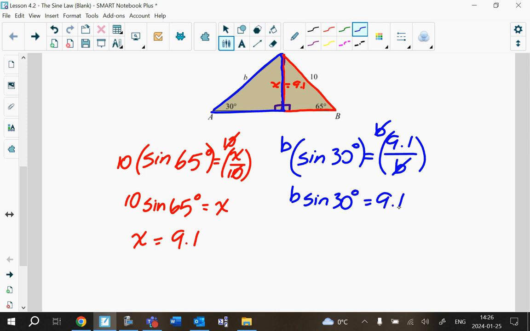Still don't have B by itself. Divide both sides by sine 30. And I should get 18.2.